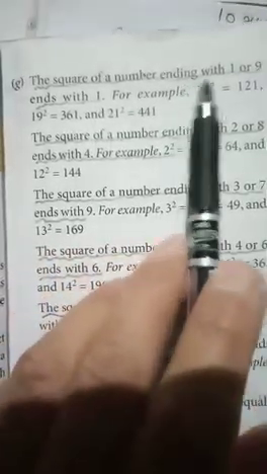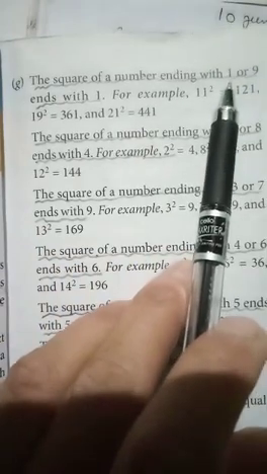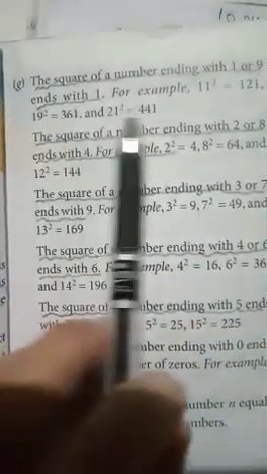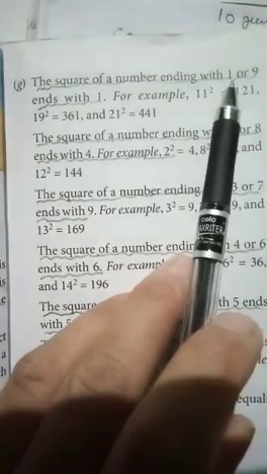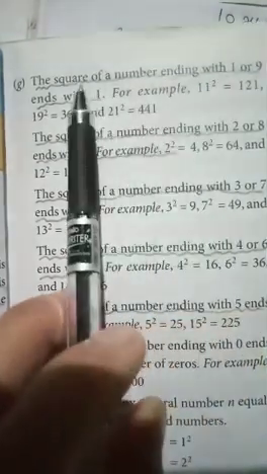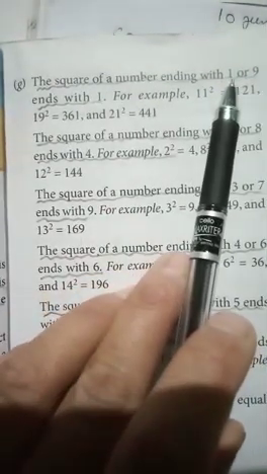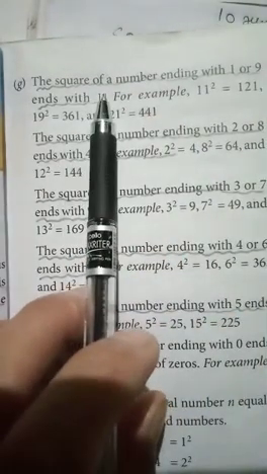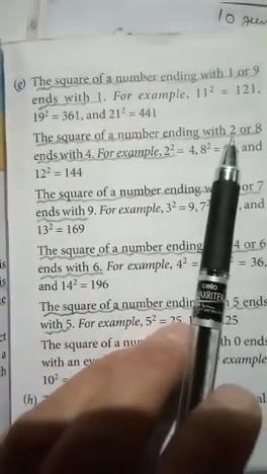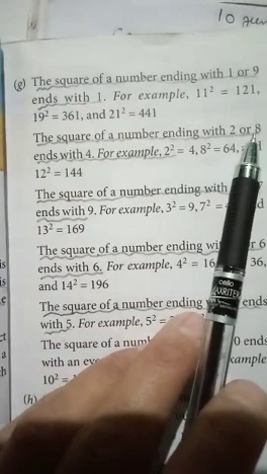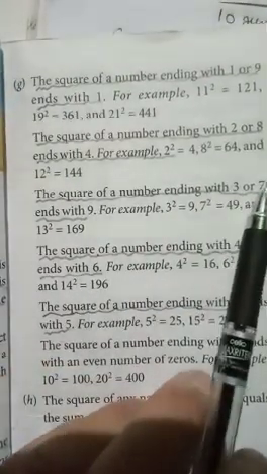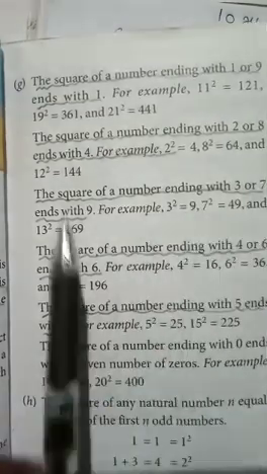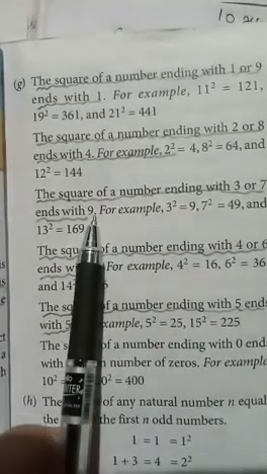Then if a number ends with 1 or 9, it may be the square of a number ending with 1 or 9, because 1 into 1 is 1, 9 into 9 is 81. So the answer which ends with 1 comes from these. Then if it ends with 2 or 8, 2 into 2 is 4, 8 into 8 is 64, it will end with 4. 3 into 3 is 9, 7 into 7 is 49, so the number will end with 9.